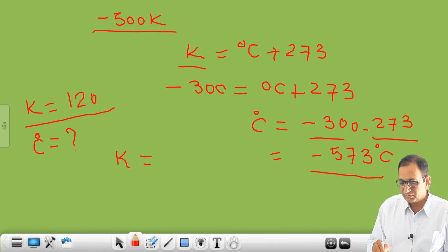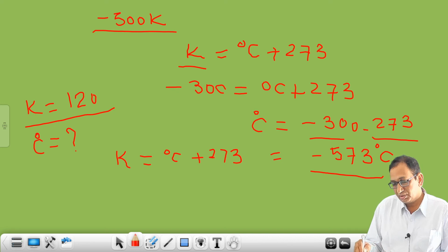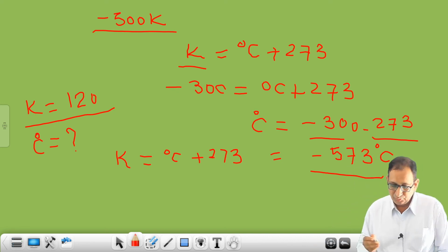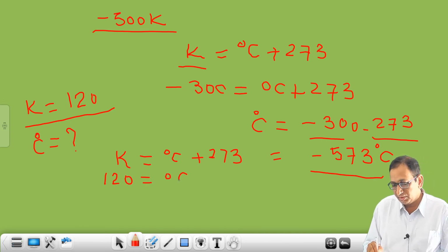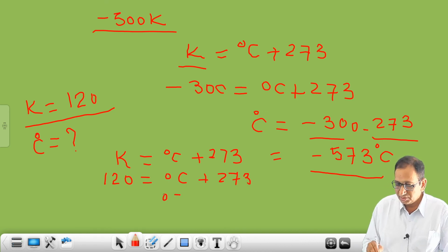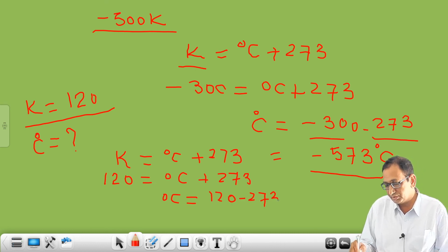K is equal to degree Celsius plus 273. Here the value for Kelvin is 120. So we can write 120 equals degree Celsius plus 273. Then students, degree Celsius is equal to 120 minus 273.